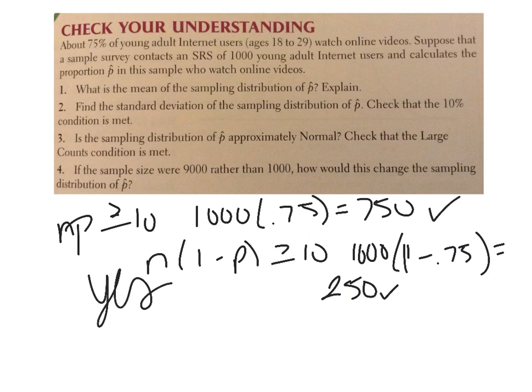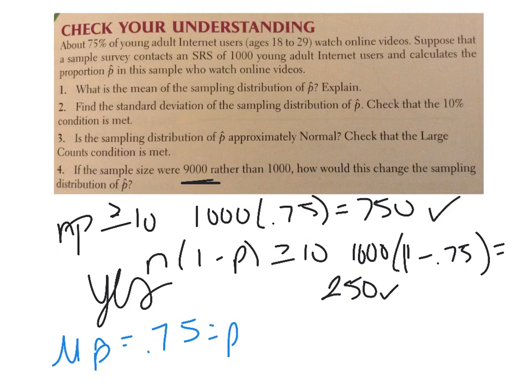So I would say that yes, this is approximately a normal distribution. And then number four asks, if my sample size was 9,000 rather than 1,000, how would this change the sampling distribution of p hat? Well, my mean should stay approximately the same, right? My formula for my mean is the same, so it's still going to be 0.75, because it's equal to p.